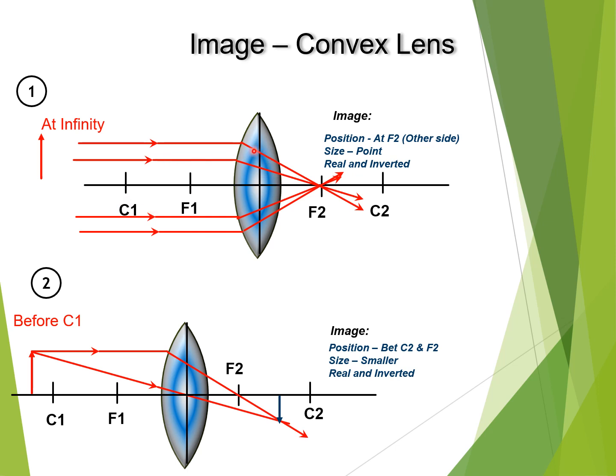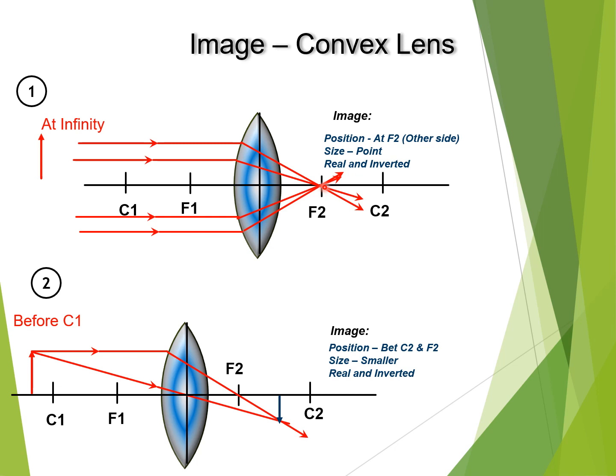As we have studied, rays parallel to the principal axis in a convex lens shall pass through the focus point after refraction. So here also all the incident rays coming parallel to the principal axis shall be passing through the focus point of the lens.